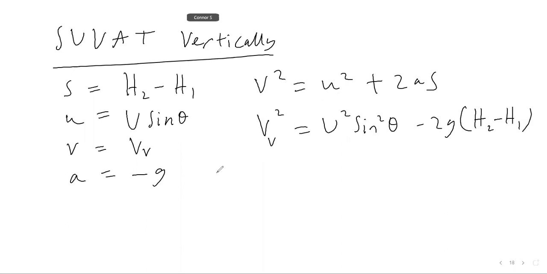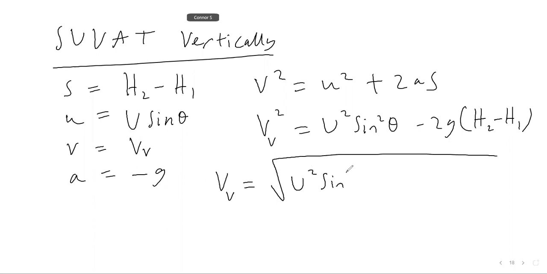So our final speed in this vertical direction is going to be the square root of u squared sin squared theta minus 2g times h2 minus h1. So that's our final speed in the vertical direction.